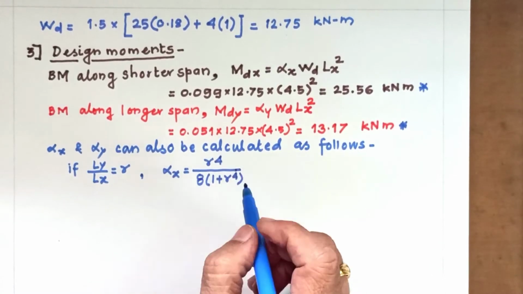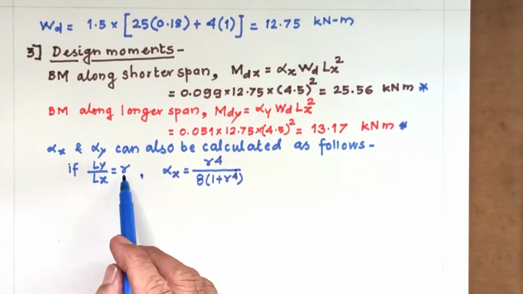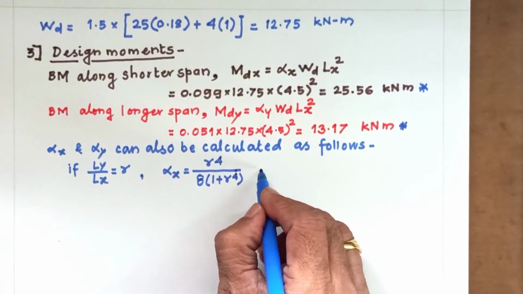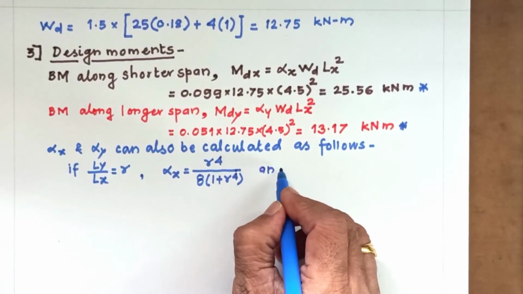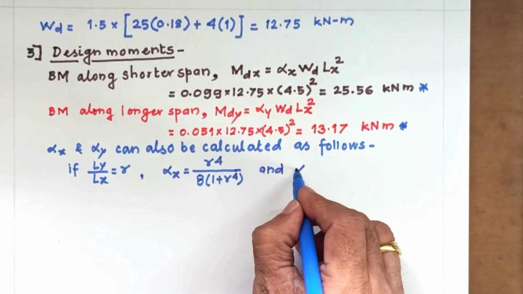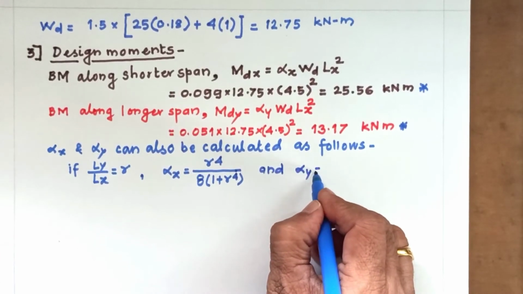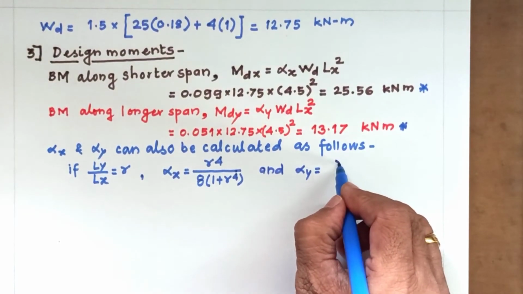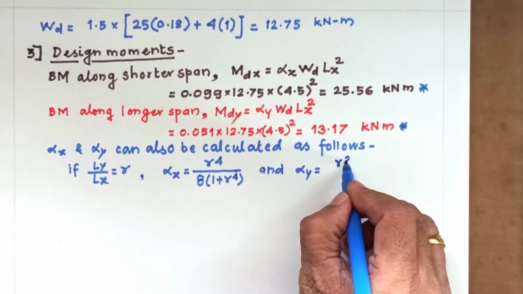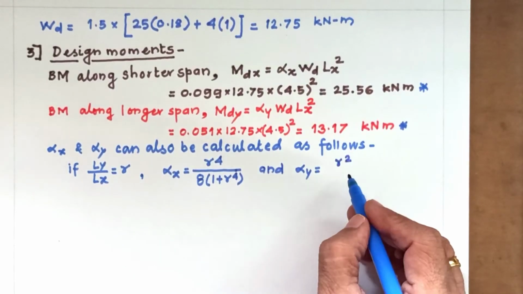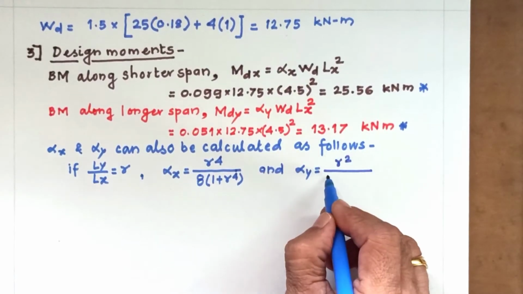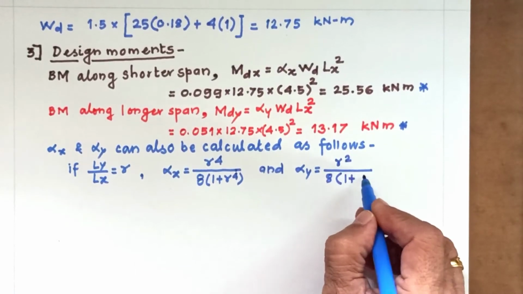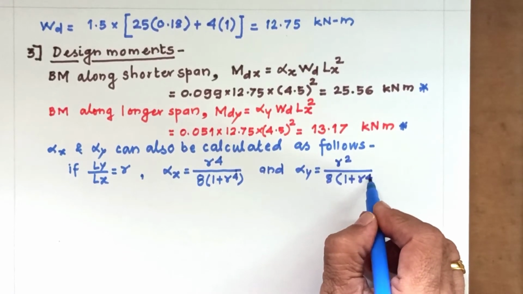So I have just told you that as Ly by Lx, that is r, goes on increasing, alpha x goes on increasing, and alpha y decreases because it is calculated as alpha y is equal to, instead of r raised to 4 in numerator, it is r square, and denominator remains same, that is 8 into bracket 1 plus r raised to 4.